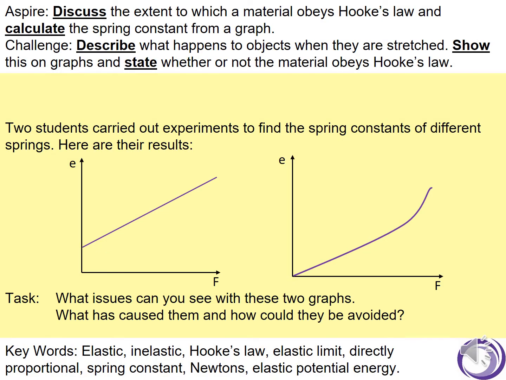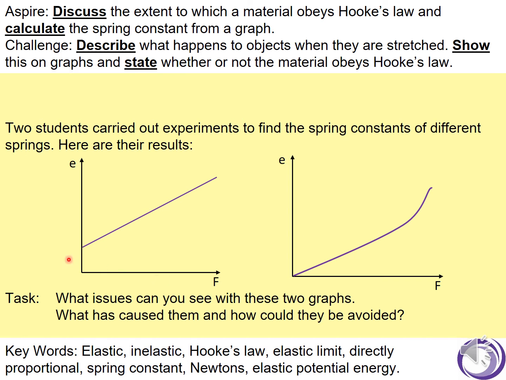So now let's take our data and turn it into graphs for a moment and just see what mistakes we can make in looking at these particular graphs so that we avoid them. On the left hand side of the graph, the y axis, we have the extension, and then on the x-axis we have the force.